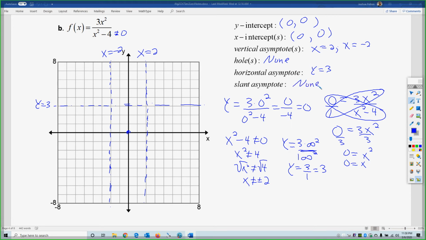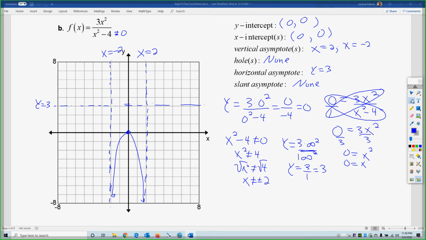All right, so at this point, I know that this one has to go down, and there cannot be anything up here. That's not possible because it wouldn't pass the vertical line test. Plus, it's not going to cross the asymptotes. And you can do values if you want. So you could plug in 1 or negative 1.